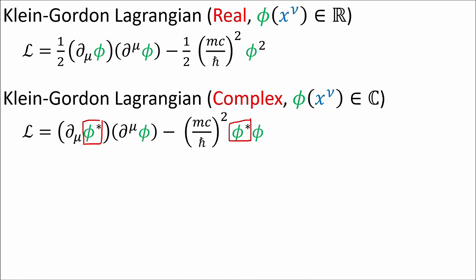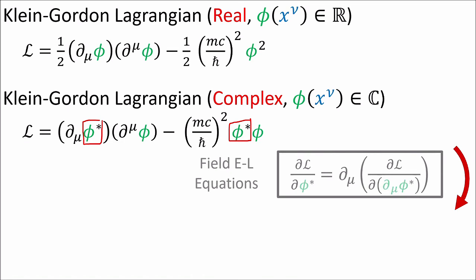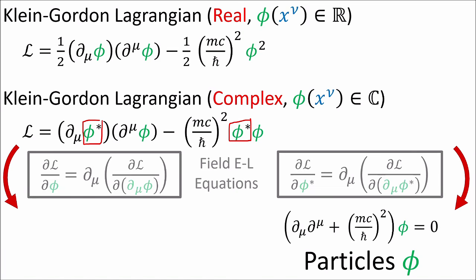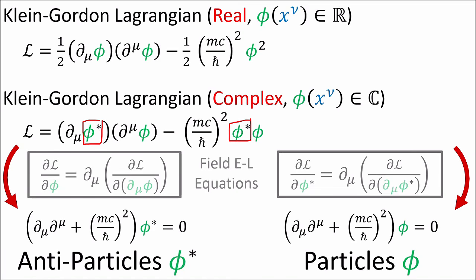We found taking the Euler-Lagrange equations and varying with respect to phi star gave us a phi Klein-Gordon equation with particle solutions. And varying with respect to phi gave us a phi star Klein-Gordon equation with antiparticle solutions.